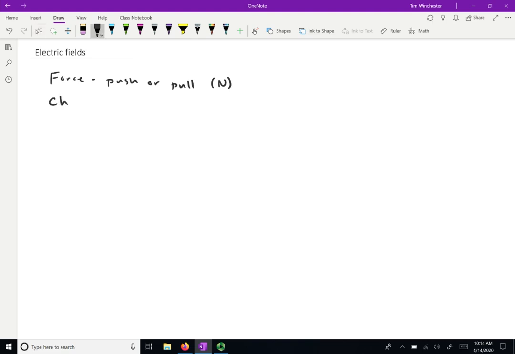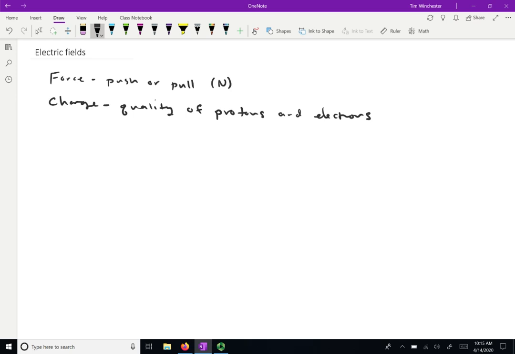Charge is this property or quality of particles like protons and electrons. Protons are positively charged, electrons are negatively charged, and those are what we're talking about when we talk about charge.